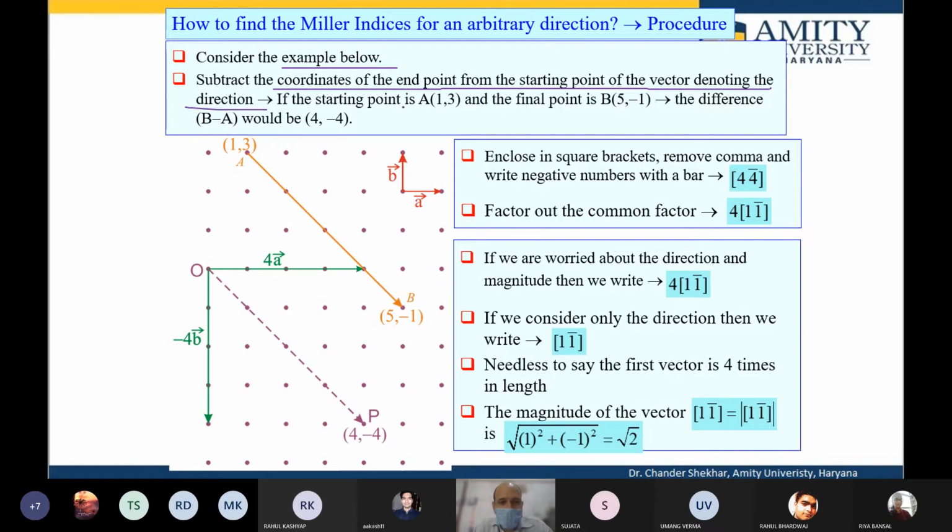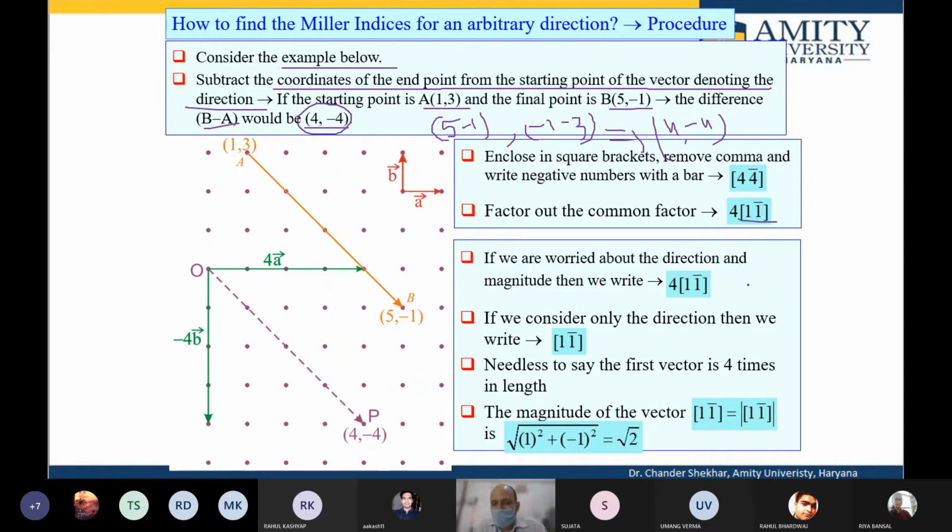For example, if the starting point is 1, 3 and the end point is 5, minus 1, the difference, that means b minus a, would be 5 minus 1 along the x-axis, and the other one will be minus 1 minus 3. So both the coordinates will be 4, minus 4. Using these, the intercept and finally the Miller indices can be calculated.